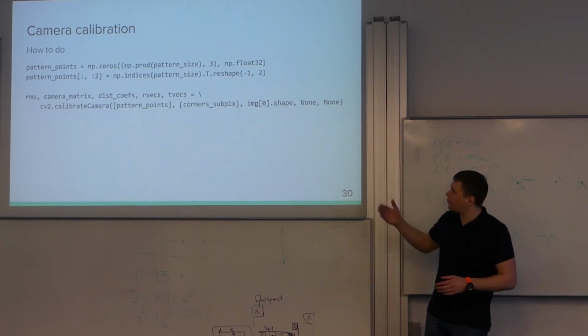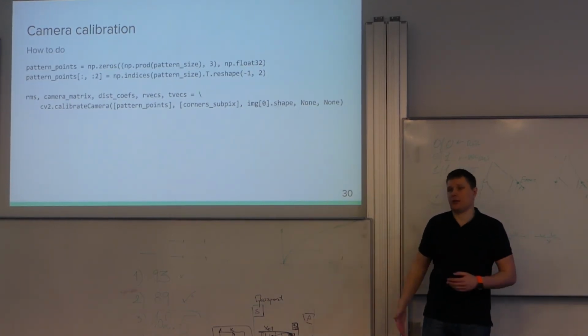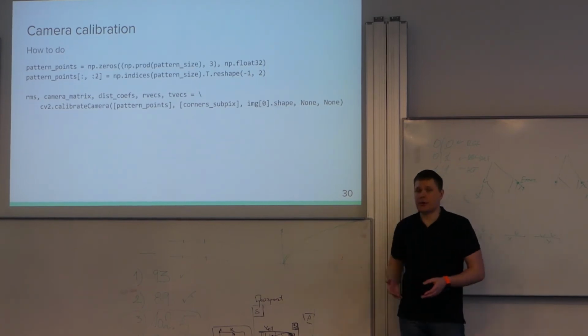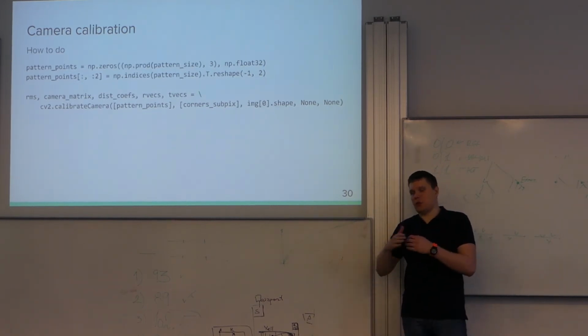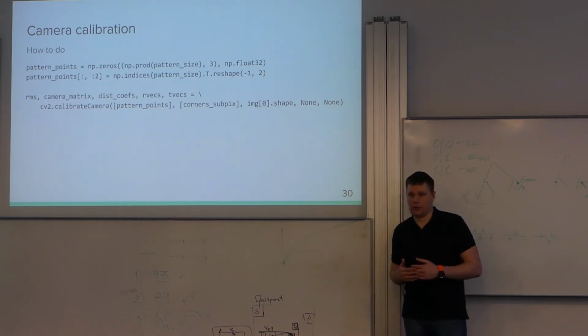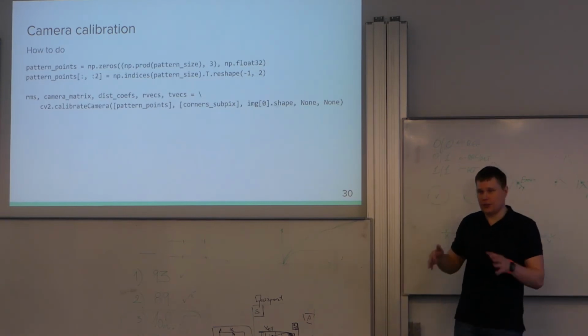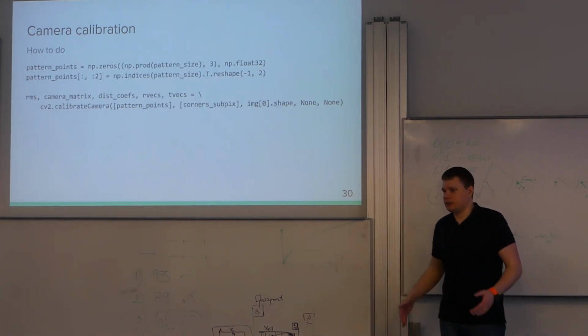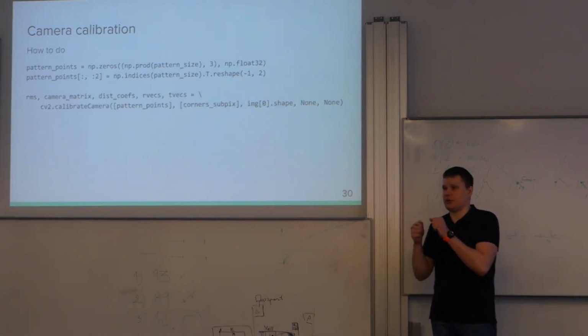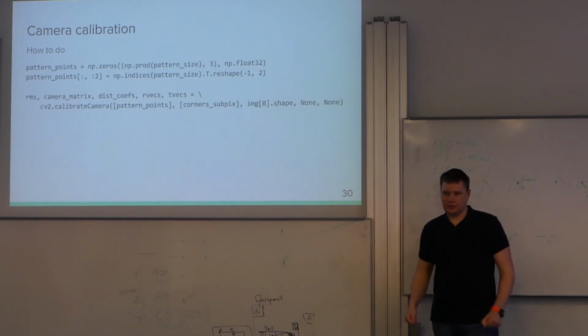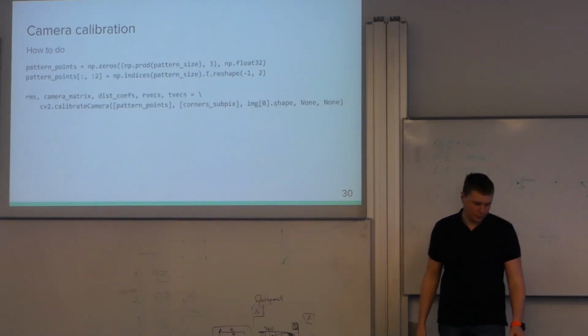But for this function, it's not the case. We want to find the camera matrix and distortion coefficients, and this one doesn't influence this matrix. So it's just for simplicity and for not having to measure the actual size of our calibration pattern.